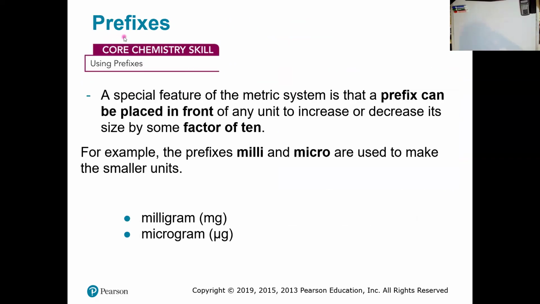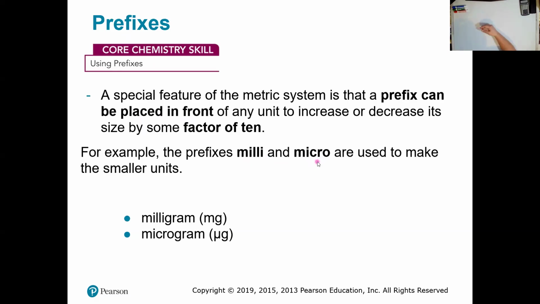So starting off with our prefixes, these are typically found in our metric system. Our prefixes are going to be placed in front of any unit, and that prefix will either increase or decrease the size of that unit by a factor of 10. So these are two examples of prefixes, milli and micro, and both of these prefixes will make a unit smaller.